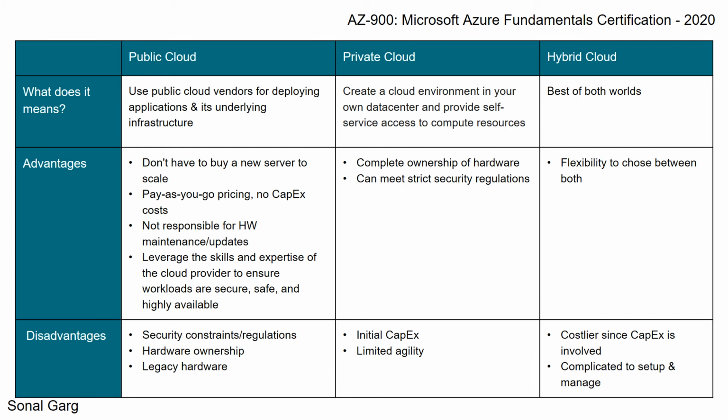The rest, which have strict security regulations, or for which you want complete hardware ownership, you can host on the private cloud only. The disadvantage that comes with it is it's costlier than the public cloud, since you are incurring the capex here also, and because you're using both the deployment models, it is a bit complicated to set up and manage.